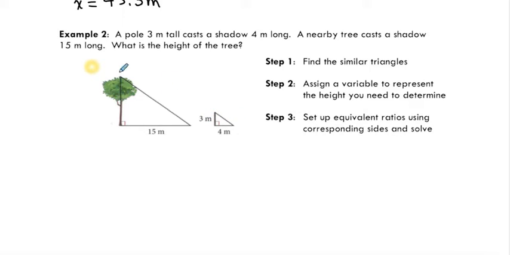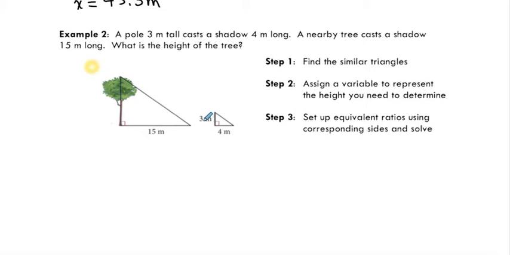We can assume that these heights are parallel lines, and therefore we could use some information to figure that out. But I'm not going to make you prove that triangles are similar in the word problems.